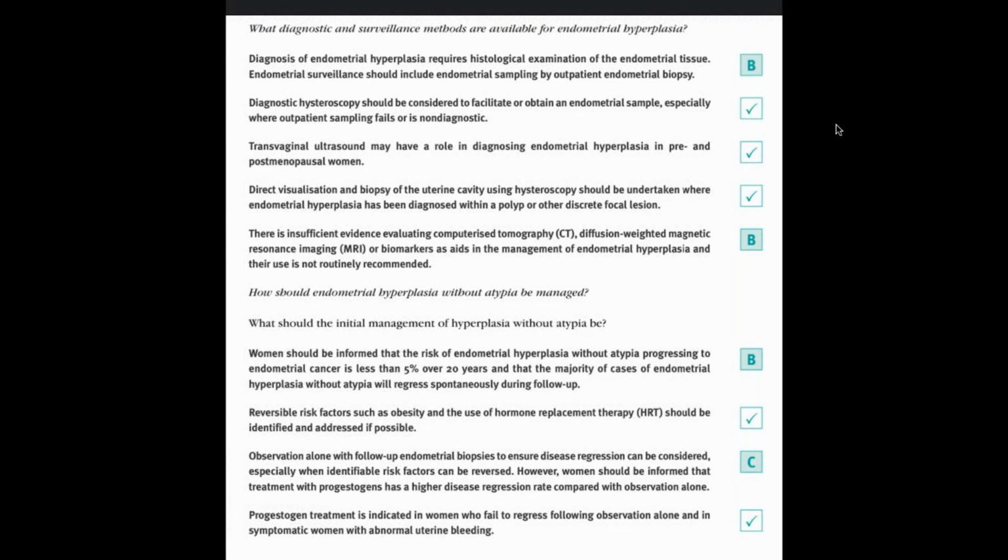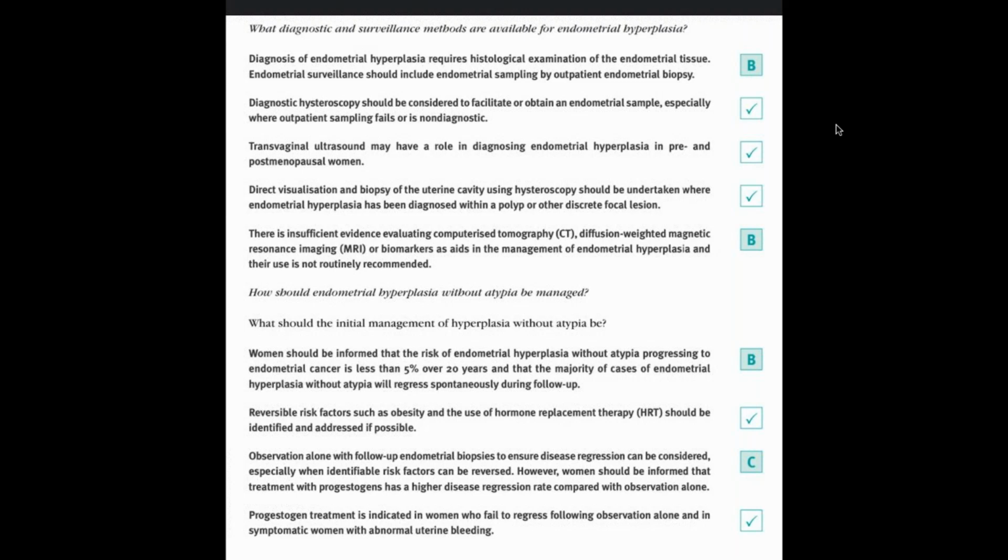So women should be informed that the risk of endometrial hyperplasia without atypia progressing to endometrial cancer is less than 5% over 20 years, and that the majority of cases of endometrial hyperplasia without atypia will regress spontaneously during follow-up. So you're going to automatically extract that paragraph and explain it to the patient. Okay, that would be when you explain to her what the biopsy shows, what is endometrial hyperplasia without atypia.